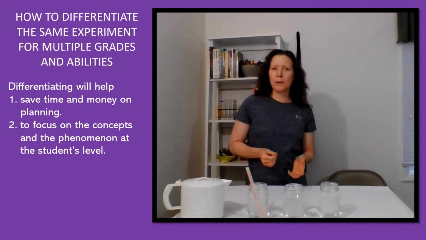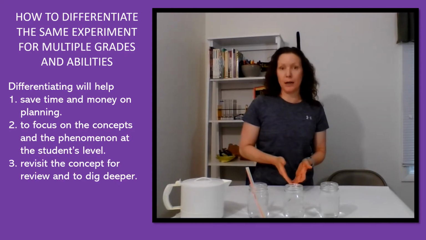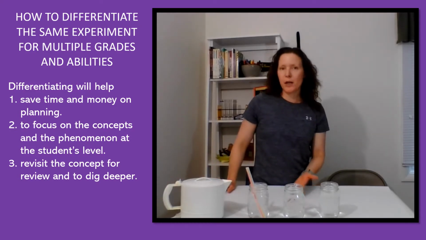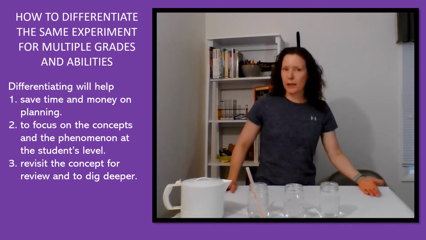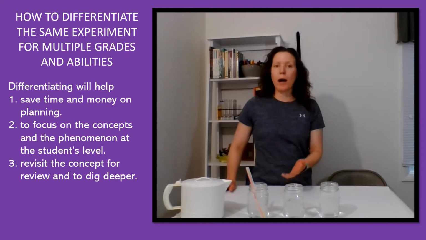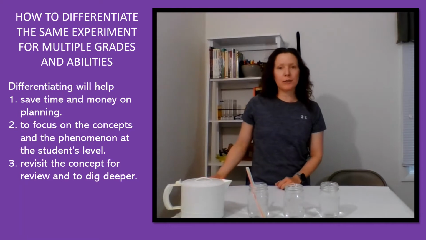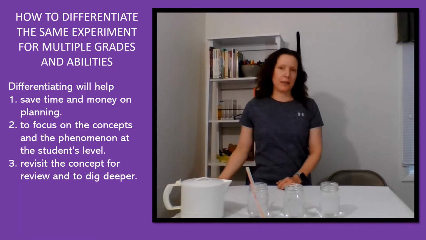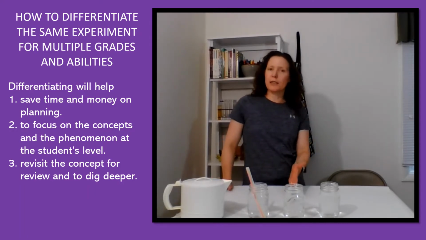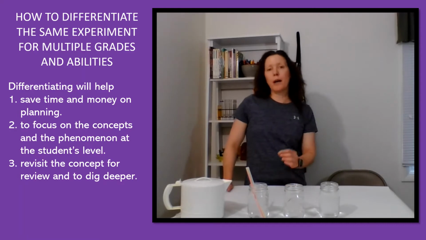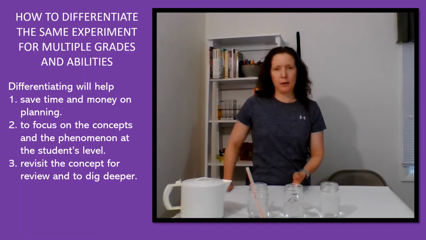We also want to be able to revisit concepts later on, so that you can do an experiment in kindergarten, later do it in third grade, and later on do it again in fifth grade and have it be transitioned and changed. So I do cloud in a bottle with kindergarten just to teach them that clouds are made of water and that you need dust to make a cloud. In third grade, we do the same experiment with some adjustments, but we start talking about how pressure and temperature affect cloud creation.